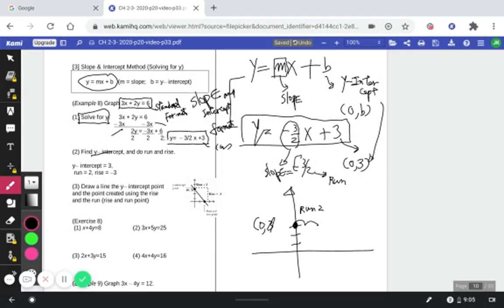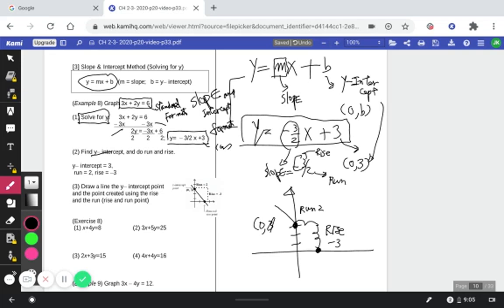And then the numerator is rise. But in this particular case, you have a negative value, so you go down instead of going up. So you go down 1, 2, 3. So rise negative 3. So you land in here.